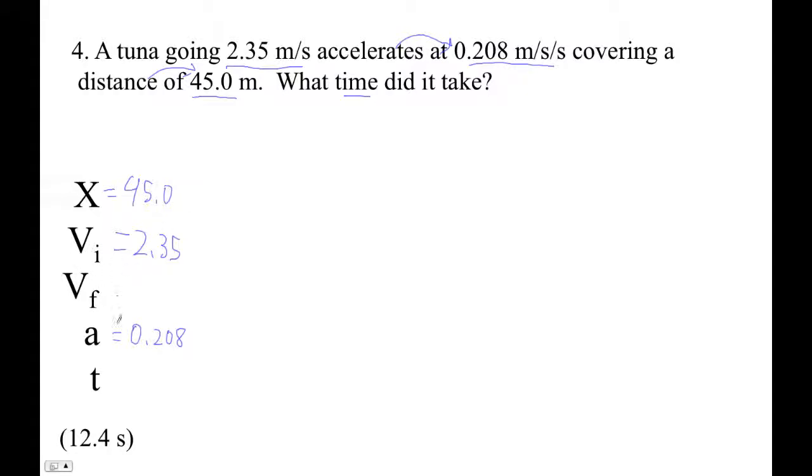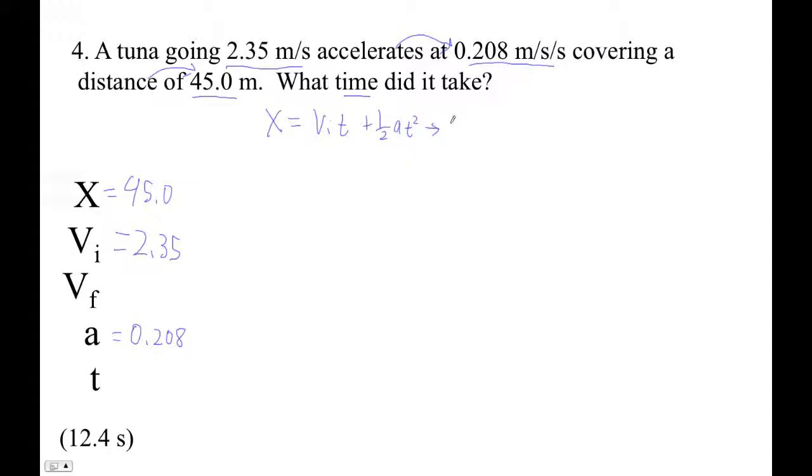Now, let me just show you this, okay? We could solve for time by using no VF. Let me just show you what that looks like though, and you won't like it. So the formula is x is VIT plus 1/2 AT squared, right?